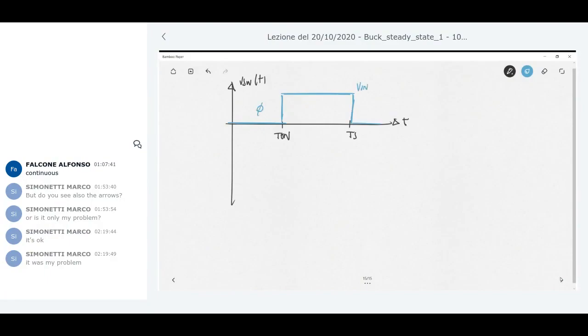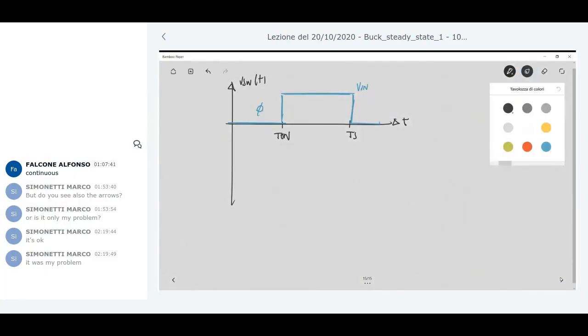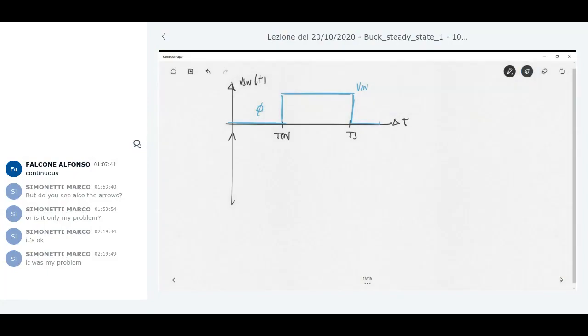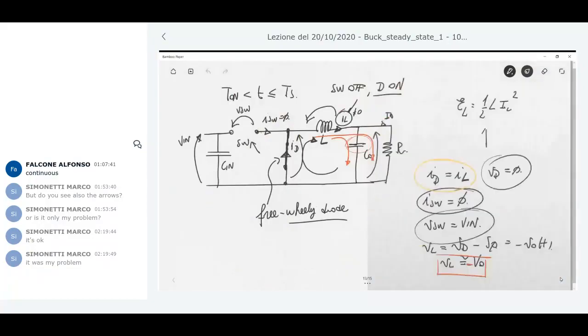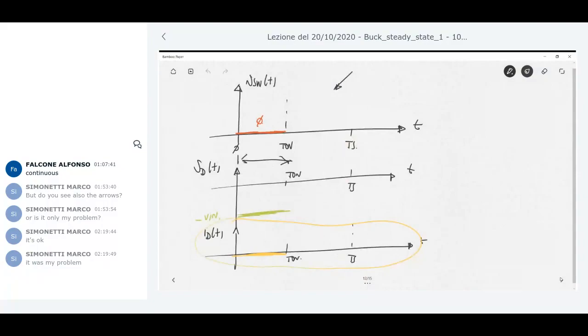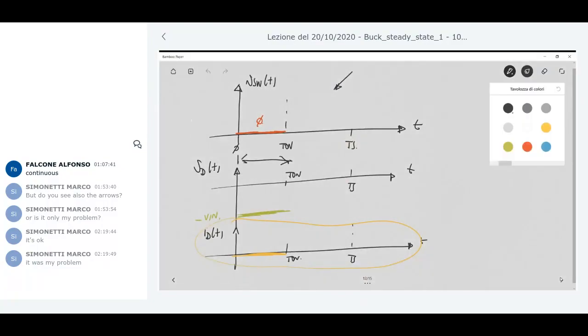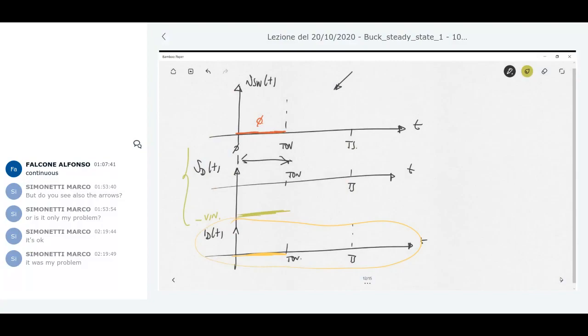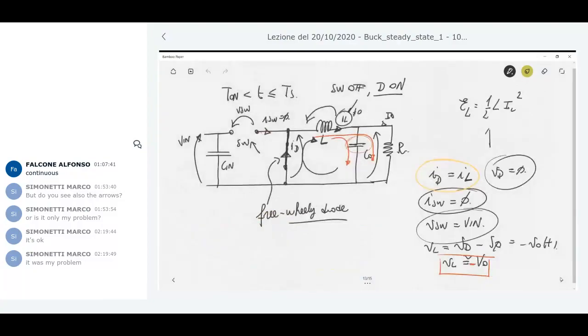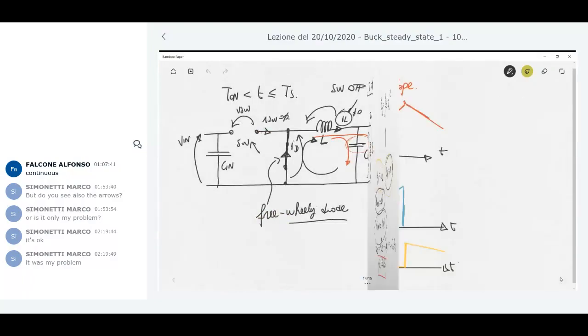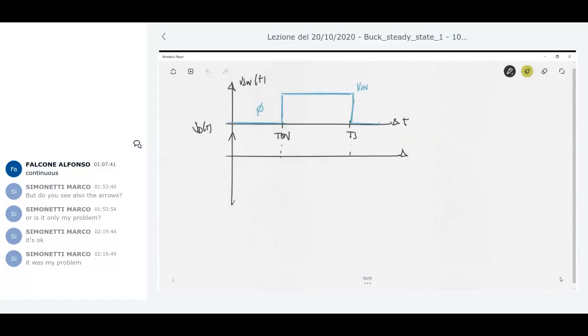What about the voltage across the diode? The voltage across the diode is minus V in, the green one, during T-on, and of course it is 0 when the diode is on.